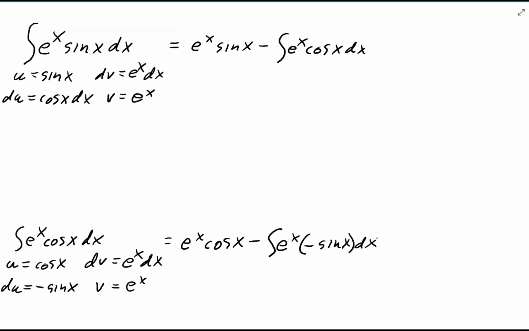And we can pull this negative sign out and make that a plus sign. So we get e to the x times cosine of x plus the integral of e to the x times the sine of x.